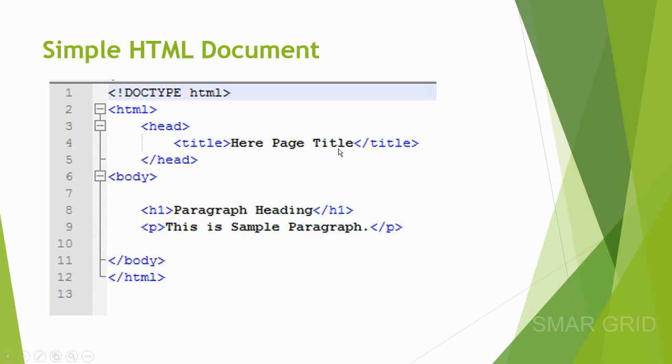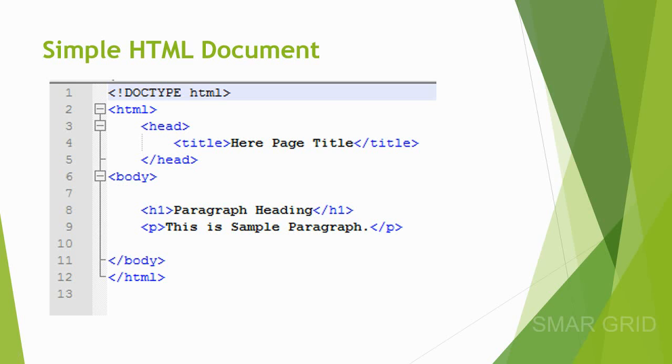This will not display in the page, but it will display on the top left corner of the browser. The title will be displayed there. We have starting and ending tags, and between the head start and end tags we have the title tag. After that, we go to the body tag.